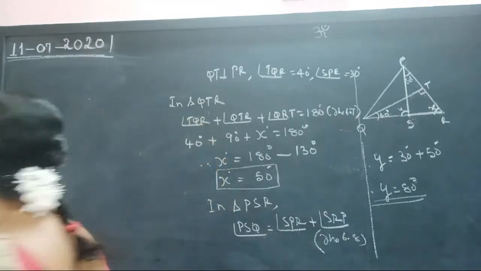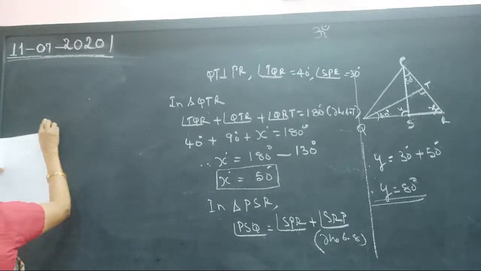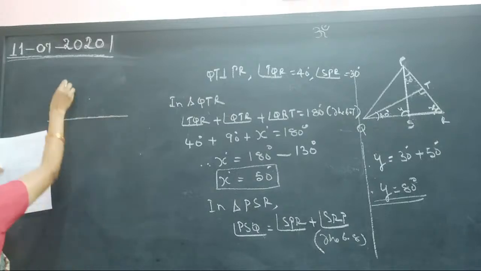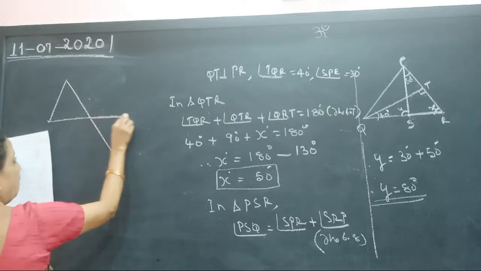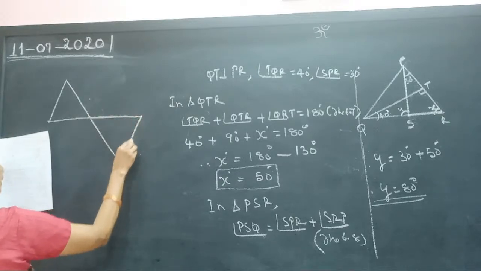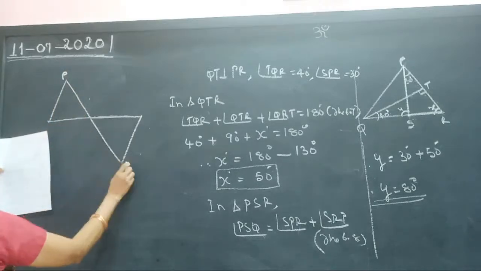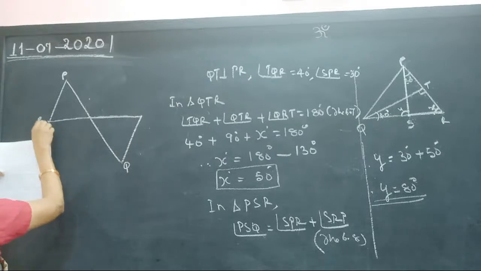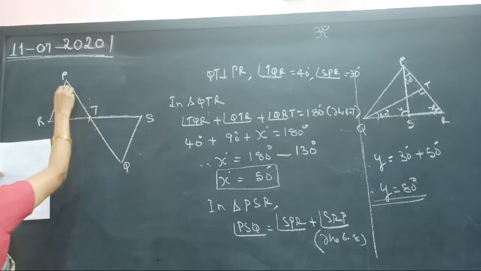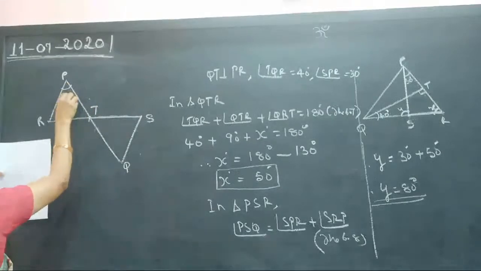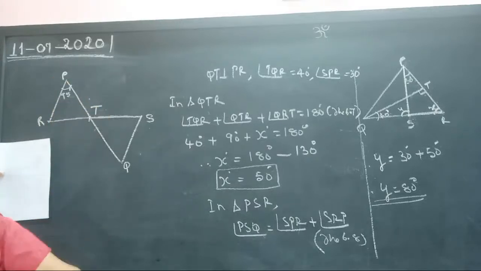Get the figure. Can you see from here? P, Q, R, S, T. This is 95 degree, that is angle RPT 95 degree.